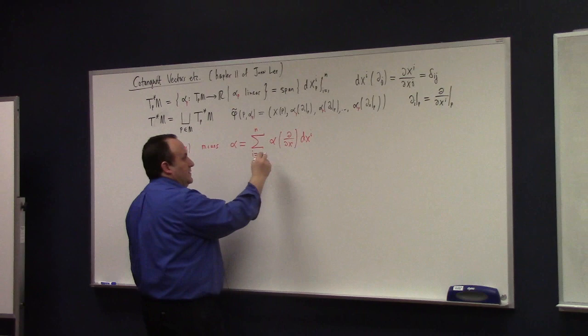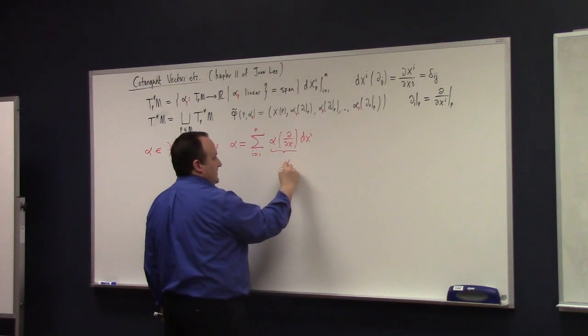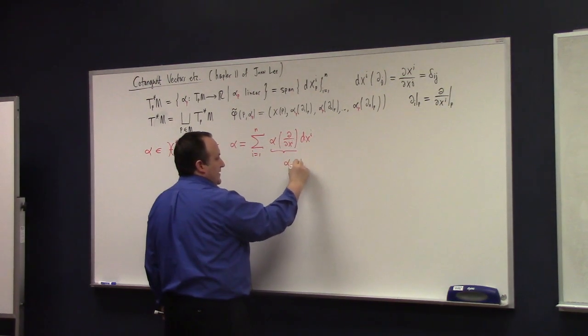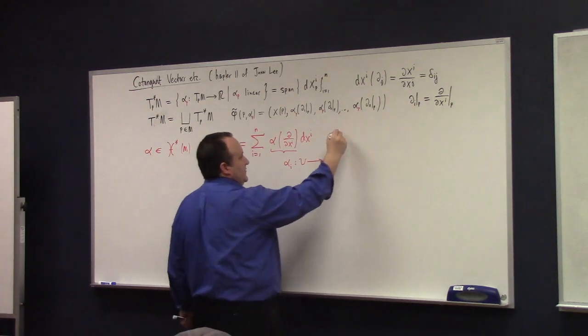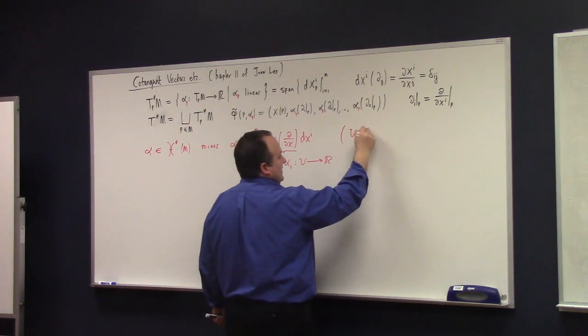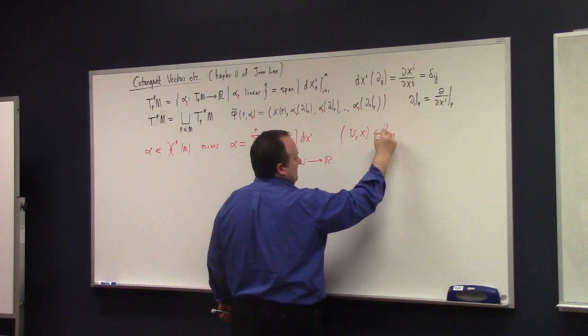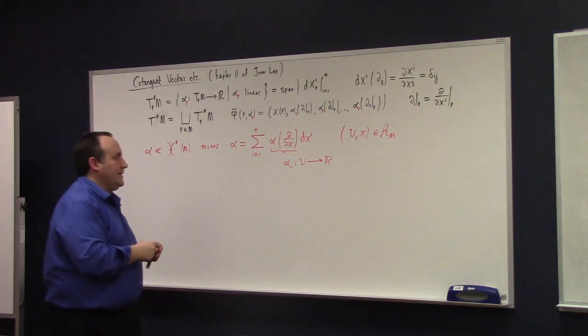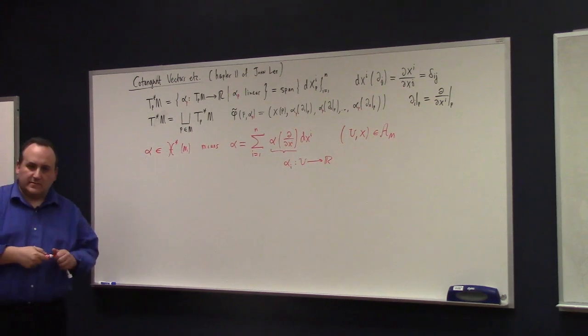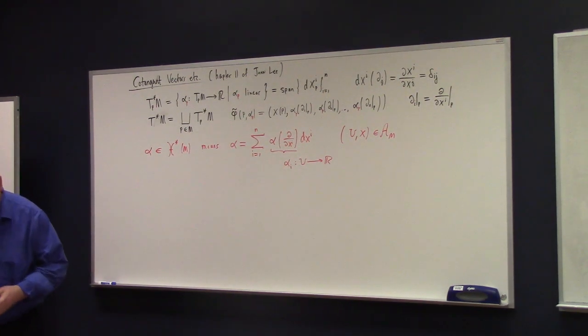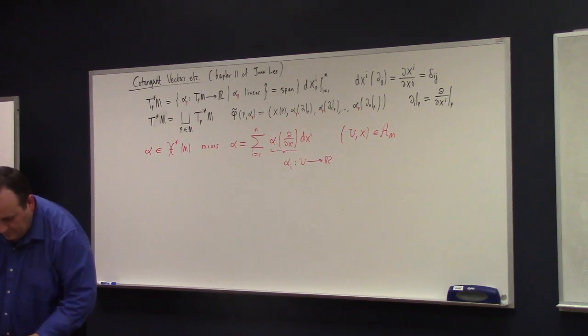This, of course, we could also write as just alpha_i, a mapping from U to the reals. Here I'm assuming that (U, x) is an element of the atlas of M, right? So there the component functions are smooth functions, yeah? And this is a covector field, okay?